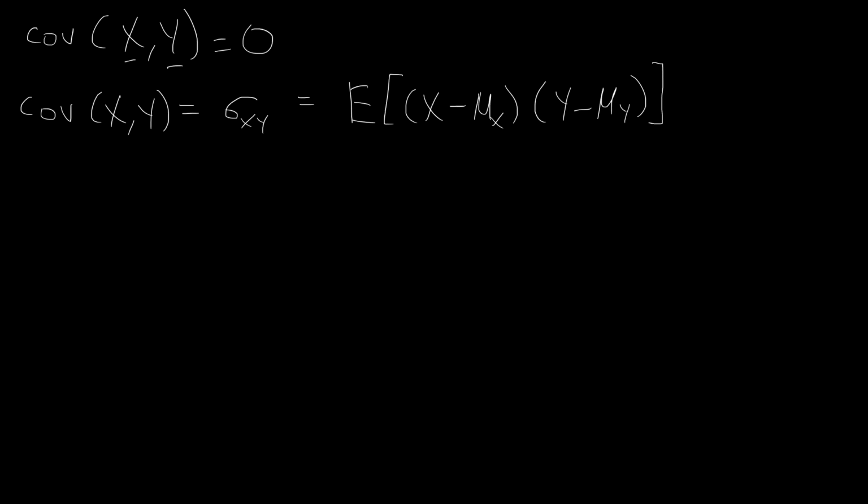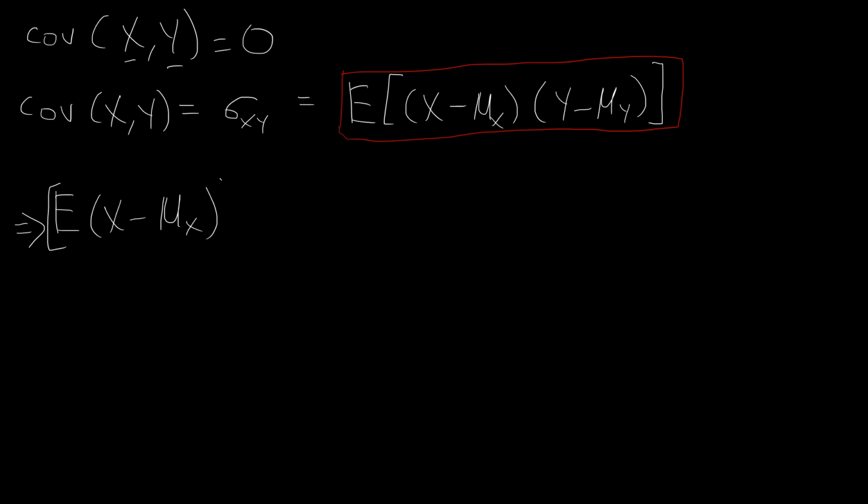Okay, cool. So the next step is to rewrite this expression right here as follows. So this can be rewritten as the expected value of x minus mu x times the expected value of y minus mu y.